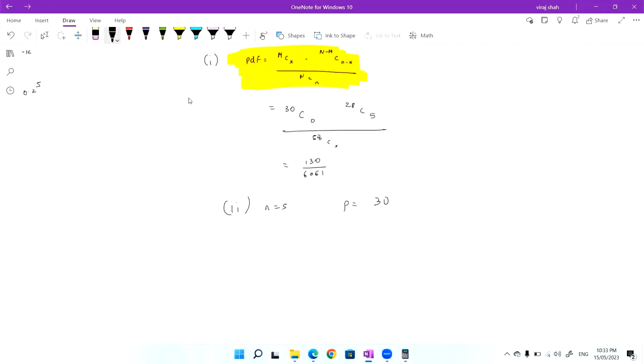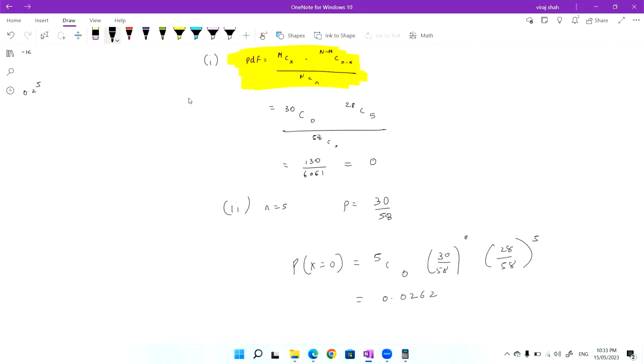We'll consider p as 30 by 58 only. We'll calculate. So P of X equal to 0 is nothing but nCx, so 5C0, p raised to 0, q raised to n minus x, which is 5. And if you calculate, your answer would be 0.0262.